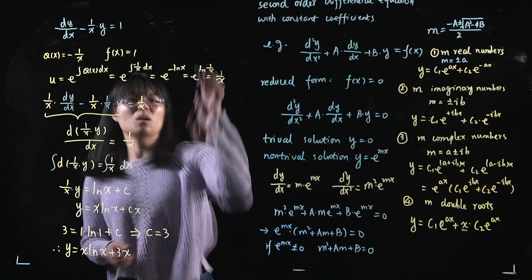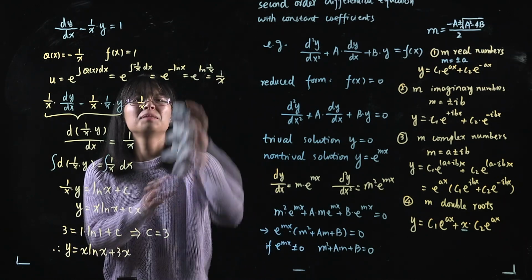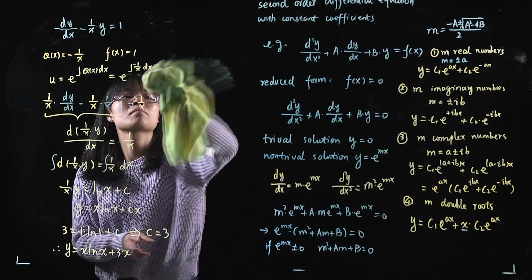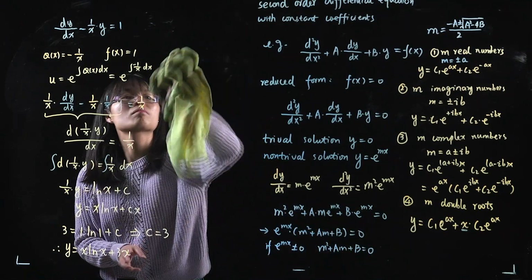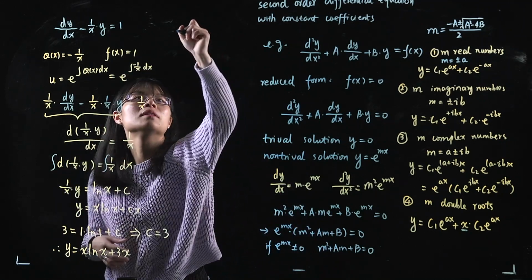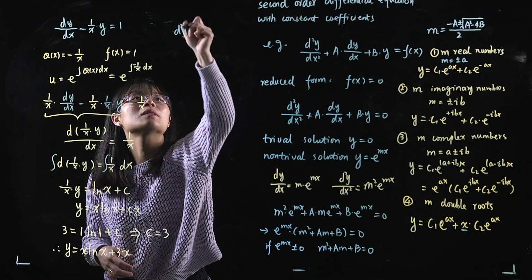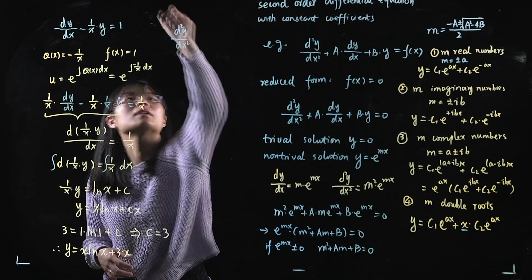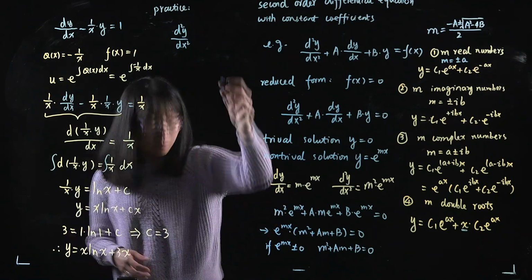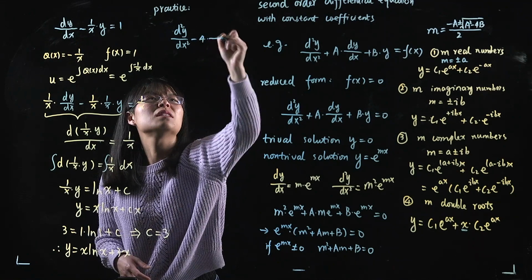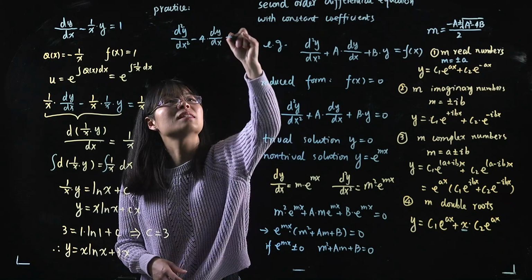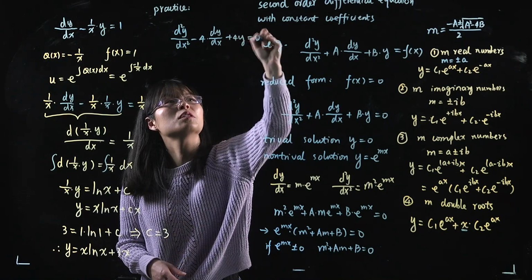Okay, so the question we are trying to solve is a second order derivative: d squared y over dx squared minus 4 times dy over dx plus 4y equals 0.